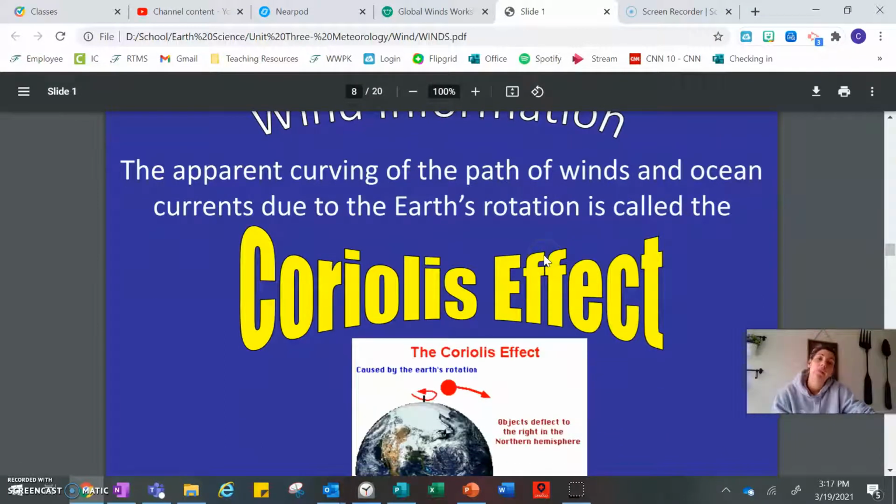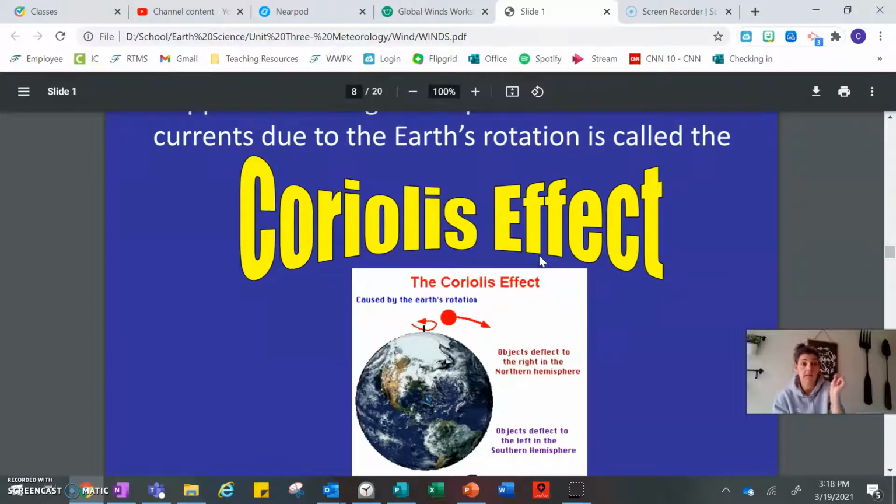Now, a while back when we learned about ocean currents, we talked about the Coriolis effect. So our Earth is spinning very fast. Because it's rotating so fast, air and water on our Earth curves. It doesn't move in a straight line, it curves. I think I showed you guys this with a globe when we did currents.